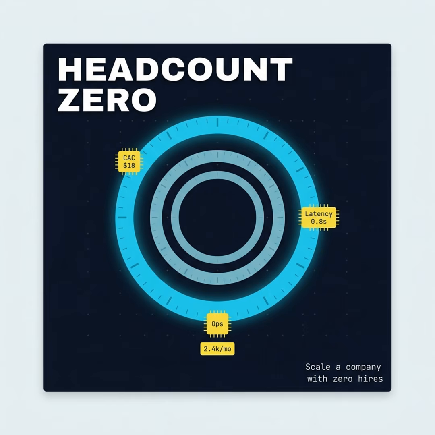The correlation ID is the simplest piece and the most important. One identifier, generated at the very first trigger, the webhook, the form submission, the scheduled run, and then passed through every single step of the workflow, every API call, every database write, every conditional branch. That one ID stitches the entire story together.